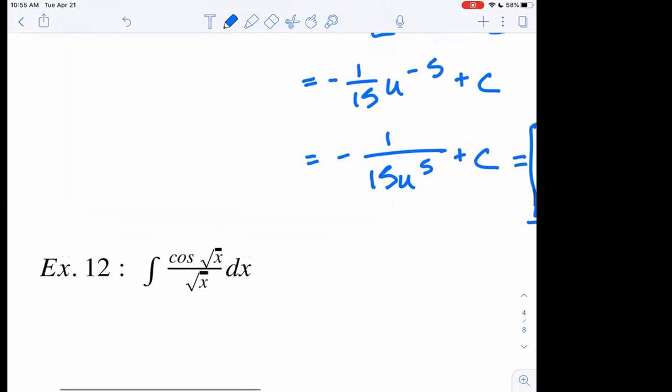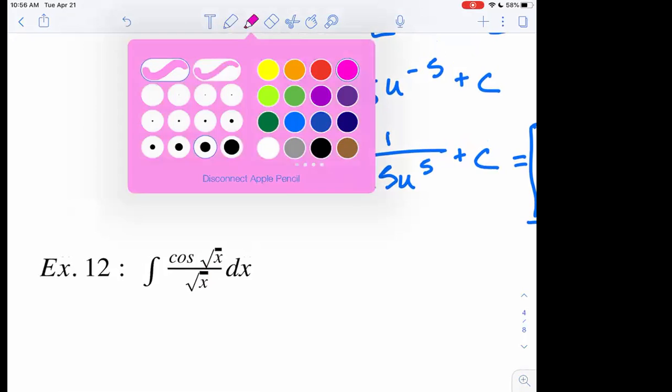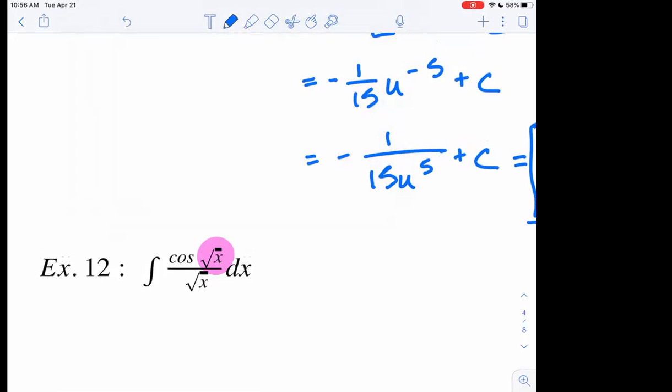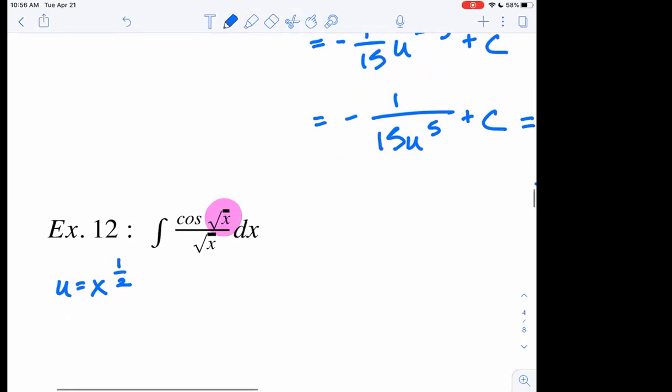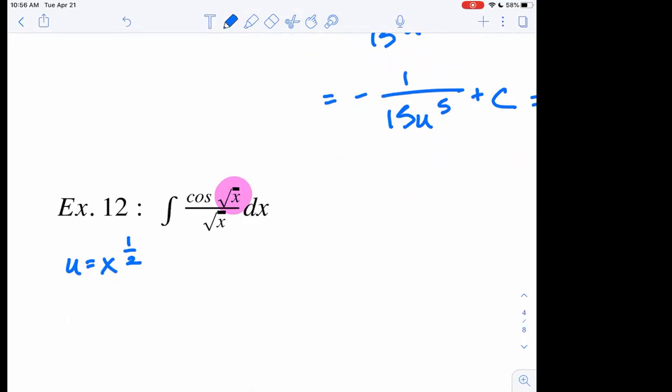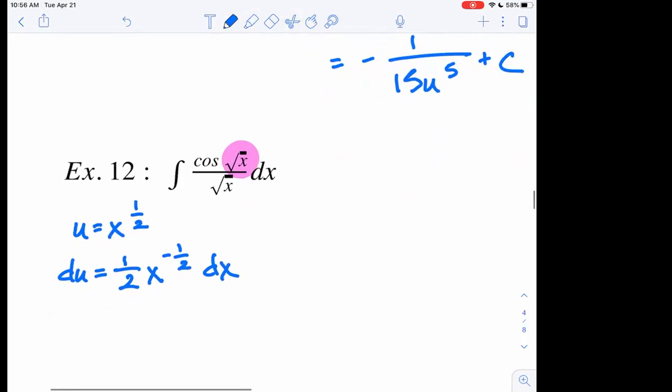But here's what we're going to do. We're going to take this square root of x, and we're going to set this as our u. Specifically, I want to use the one on the top, not the one on the bottom. Now I'm going to find my du like I've been finding all my other du's. So I bring the power down, x to the negative 1/2 power, and I have my dx on that side.